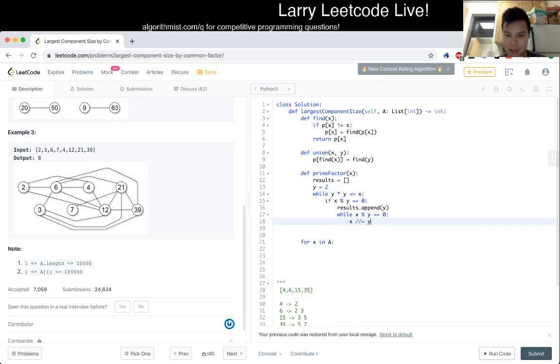Eventually, and then if x is greater than 1, then we just append x.